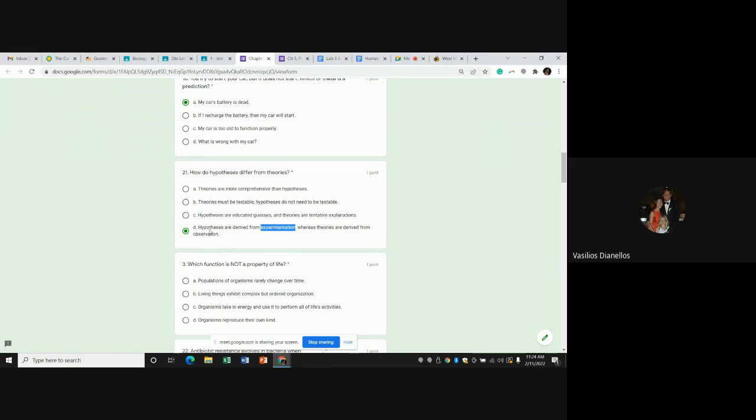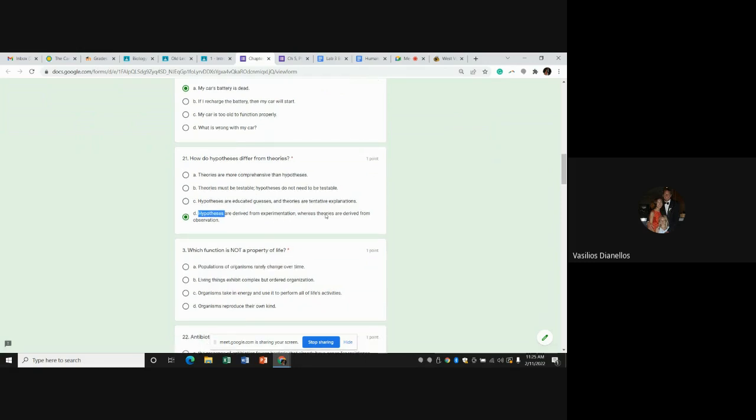Now, you could argue that you do an experiment, and then that leads you to new questions and new hypotheses. But even then, the point is you don't go straight from performing an experiment to a new hypothesis. Before that, you have to have the results of the experiment. You have to analyze the results. And from there, then you might come up with new questions. And then from those new questions, you might come up with a hypothesis. So hypotheses are not directly derived from experimentation.